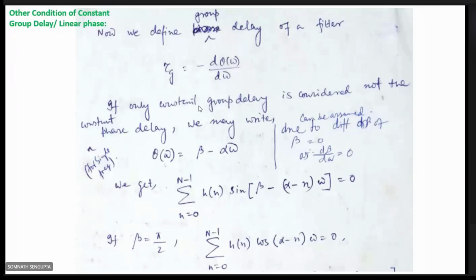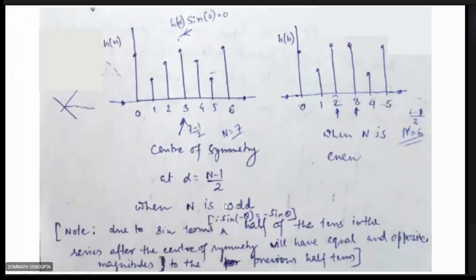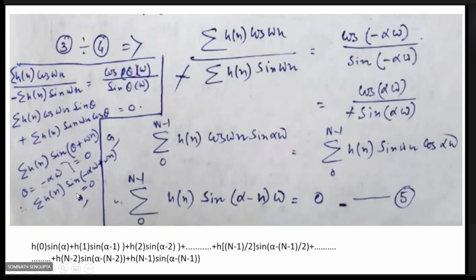linear phase characteristics. And how it is obtained, your equation was hn into sine alpha minus n into omega, and in that case we have assumed the phase theta to be minus alpha omega.